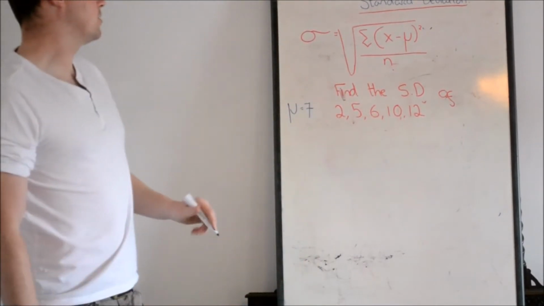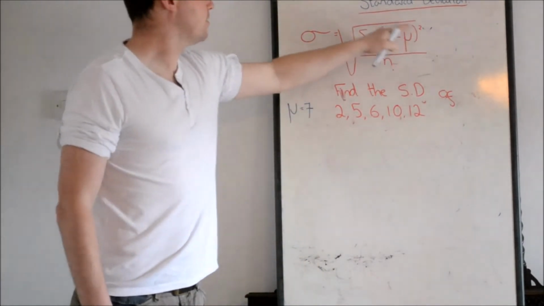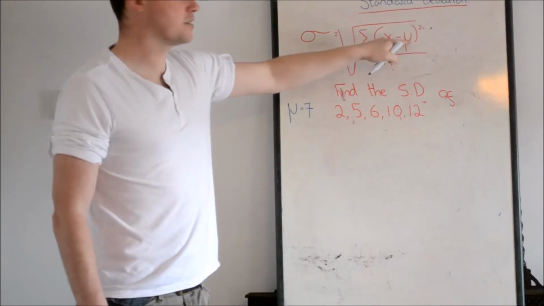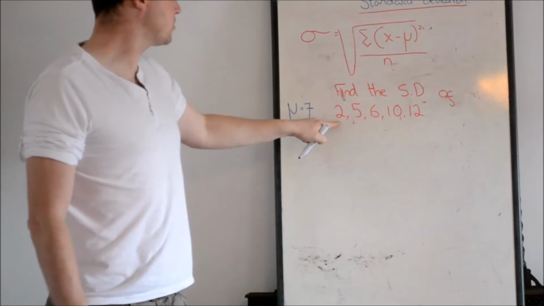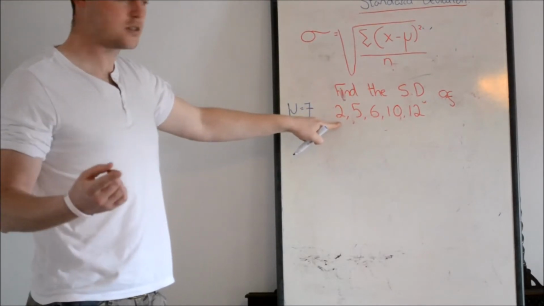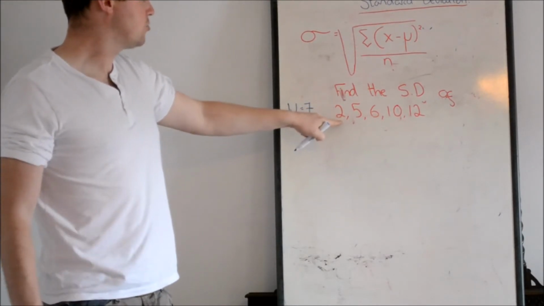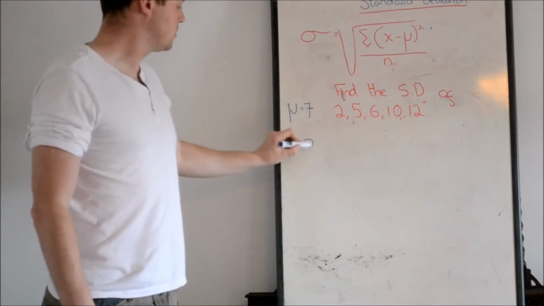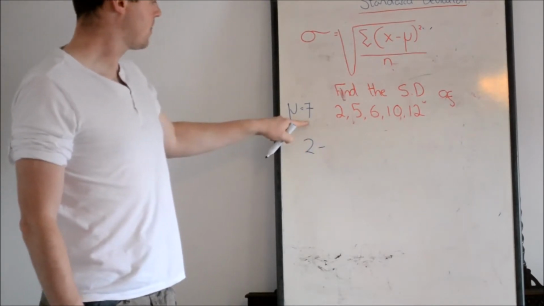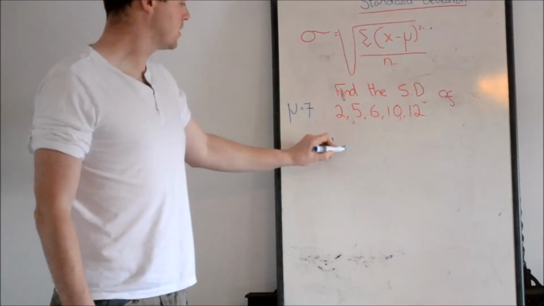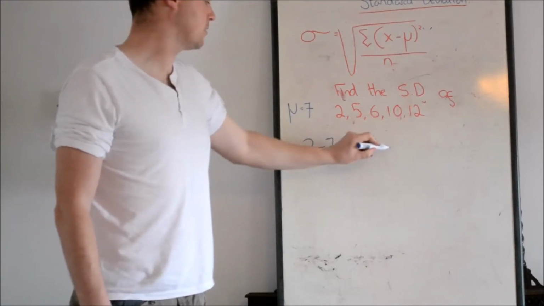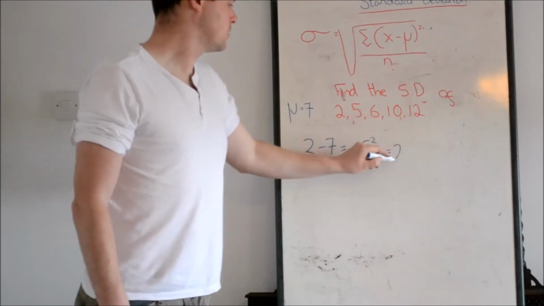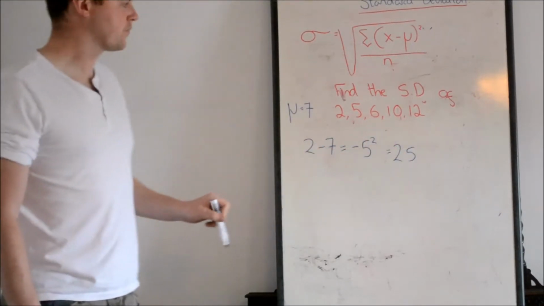So the next thing we're going to have to do is find this bit here, the number minus the mean squared. So here we go. Let's take 2 first. So in our first step, 2 is the number. So 2 minus our mean, which is 7, gives us minus 5. And we're going to square that, which gives us 25.